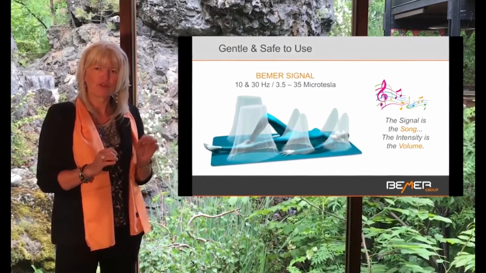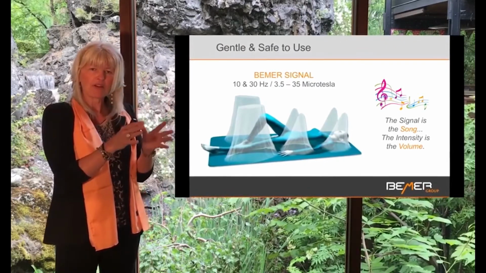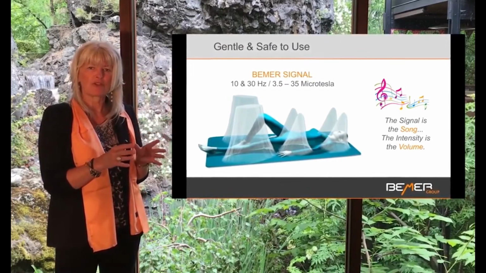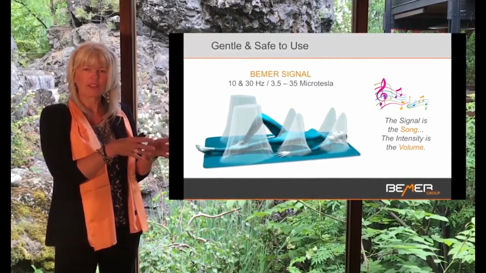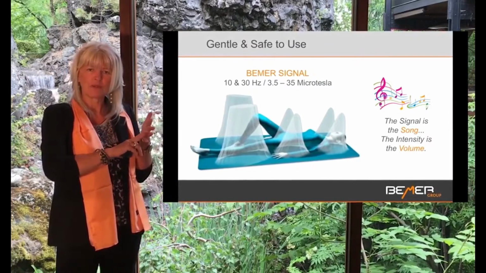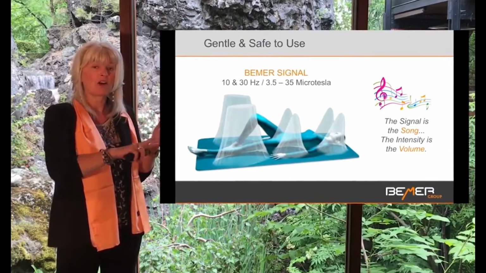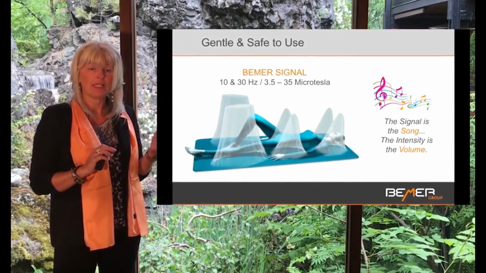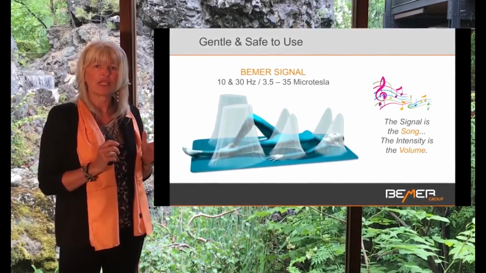This is important to know. This was found out through trial and error research that it is now configured in a way to be delivered in this fashion, the interchanging two frequencies, 10 and 30 hertz, along a very specific timeline because it has a physiological impact.